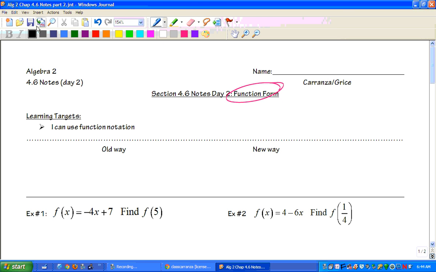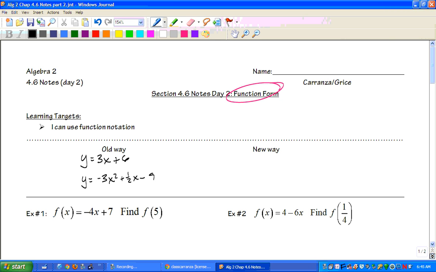Before, when we've had problems with two variables, it's looked like y equals 3x plus 6, or let's change it a little bit: y equals -3x squared plus 1/2 x minus 9. It's got the y, the 3x, the 6, and all that other stuff.